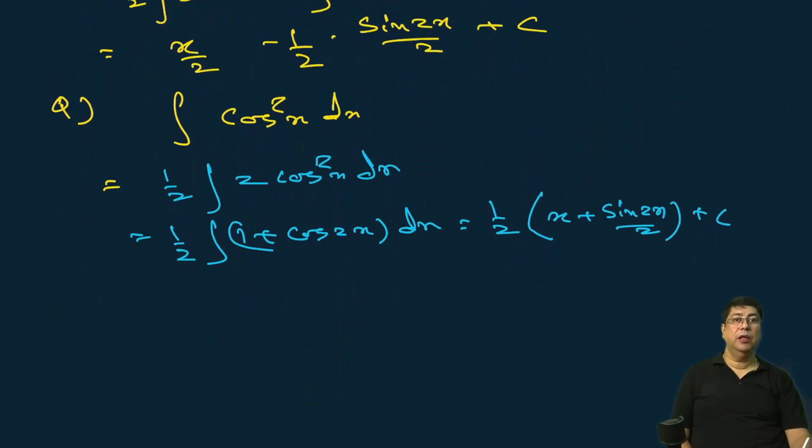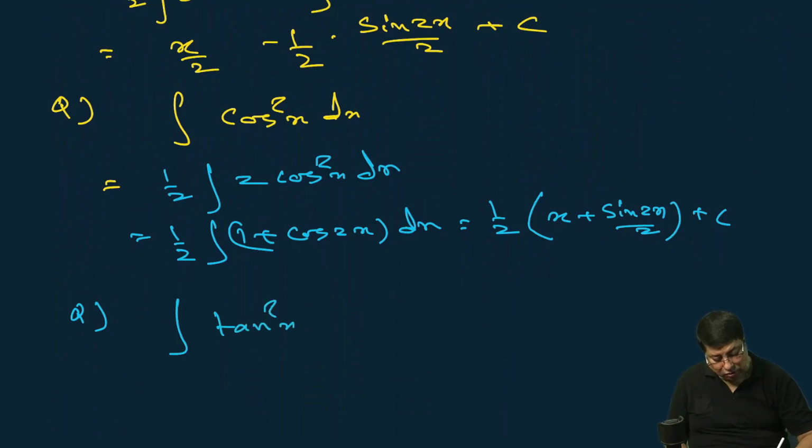Suppose you have the integration of tan square x. What will we do for tan square x? There is no formula for tan square x, but we have the formula for sec square x. So we have to convert tan square, because we know that sec square theta minus tan square theta equals 1.